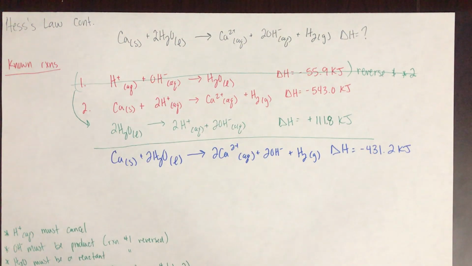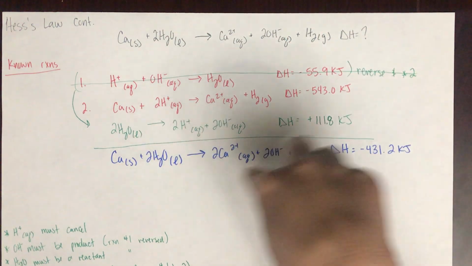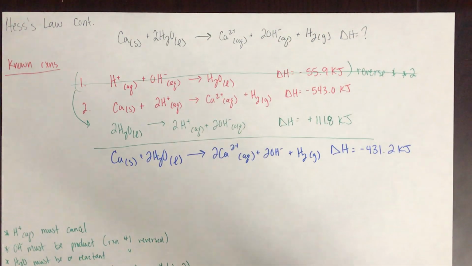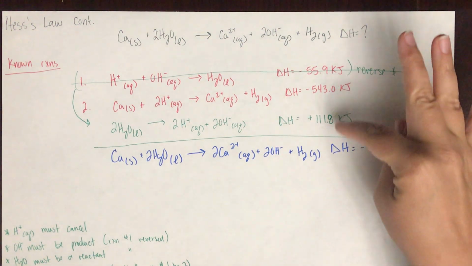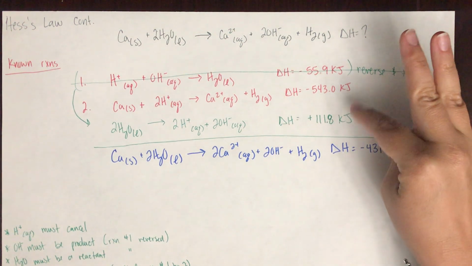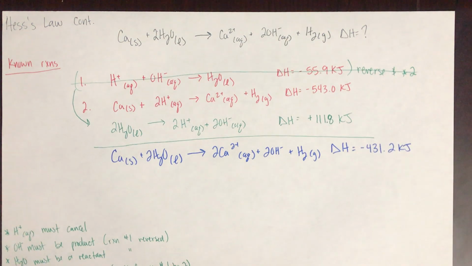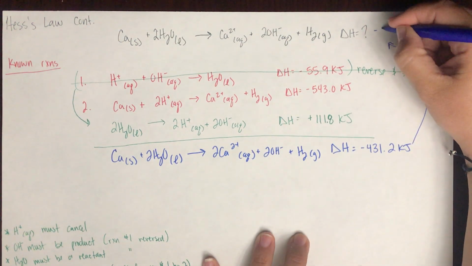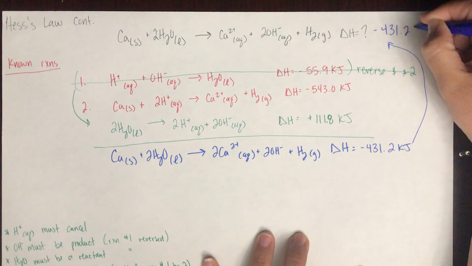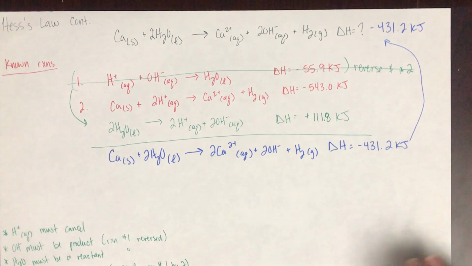Then you'll be given some known reactions, and your job is to figure out how to manipulate the known reactions to produce that unknown reaction. And then whatever you did to the reactions, you also do to the enthalpy change, and that's how you can determine the enthalpy change of this reaction that is not easily measurable in the lab.